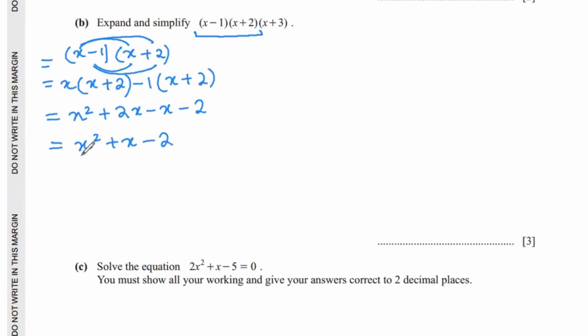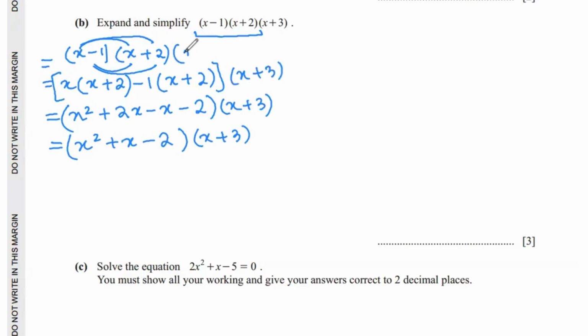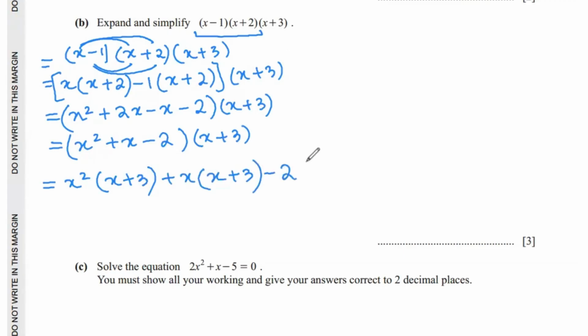Now with this, we're going to multiply x plus 3. So now we can add that over here to make it easier. So it's going to be x squared times x plus 3, then plus x times x plus 3, and then negative 2 times x plus 3. That's x cubed plus 3x squared.